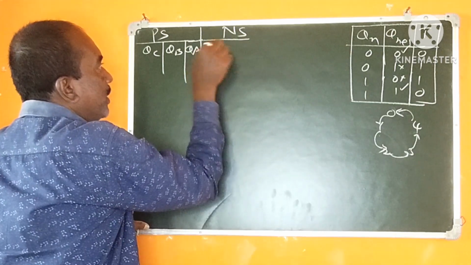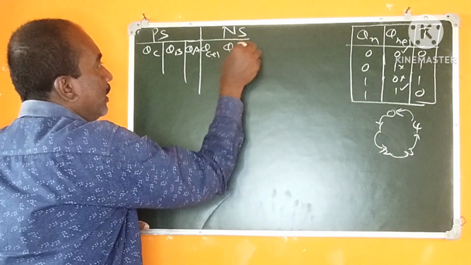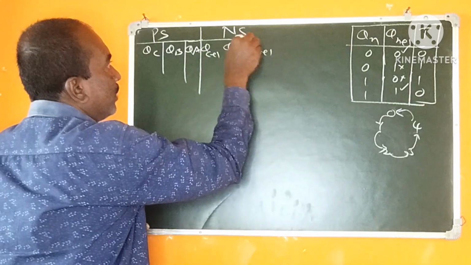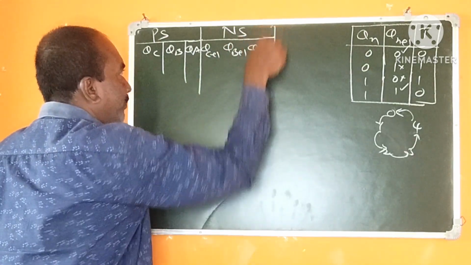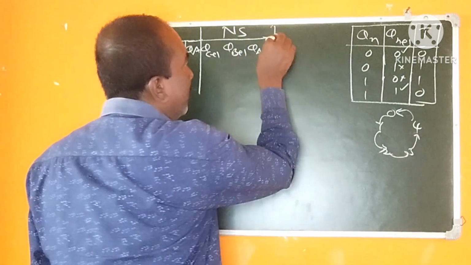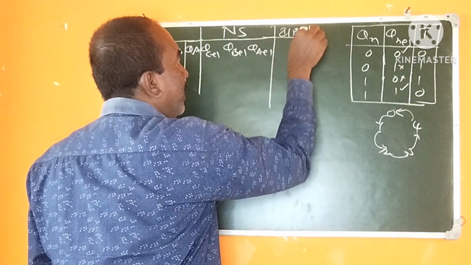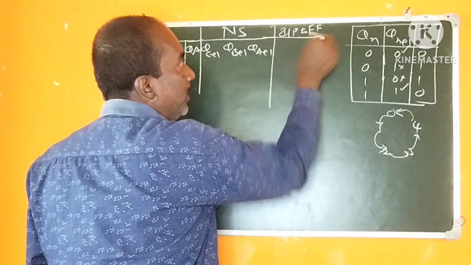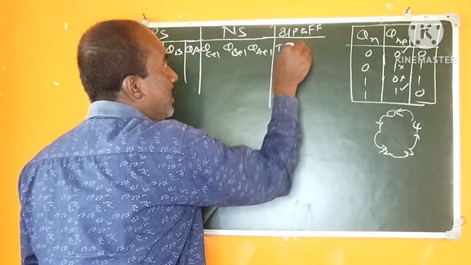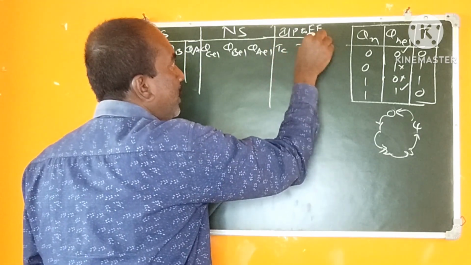It is QC plus 1, QB plus 1 and QA plus 1. And the inputs to the flip-flops may be represented with TC, TB and TA.